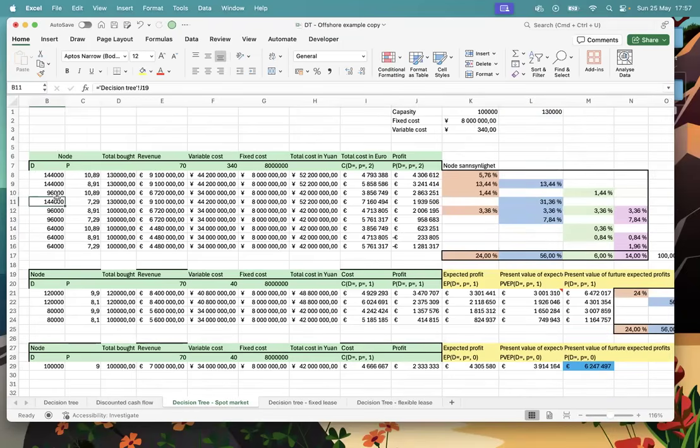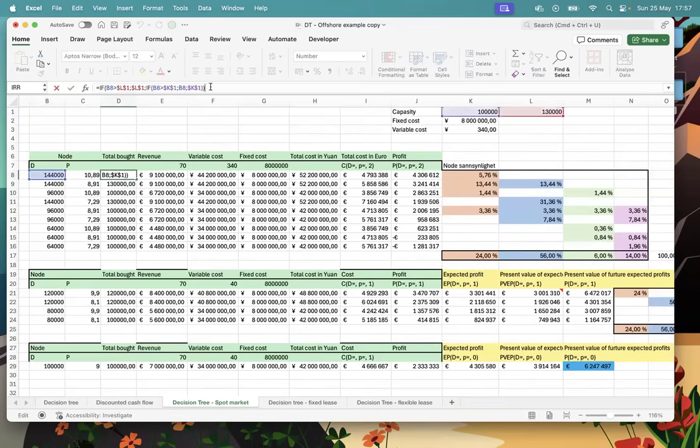Everything else is in between or below, so none of these are above 100,000. That's why I've done this formula. It looks a lot worse than it actually is, so I will take you through it.